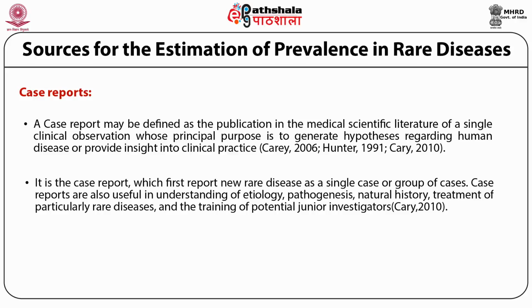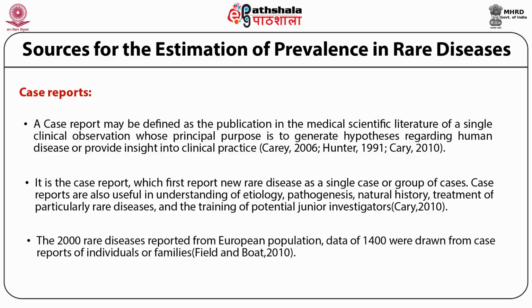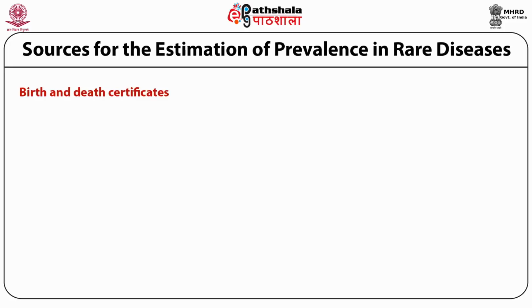Case reports are also useful in understanding etiology, pathogenesis, natural history, treatment of particularly rare disease, and training of potential junior investigators. Rare diseases reported from European population data of 1400 were drawn from case reports of individuals or families. Birth and death certificates.